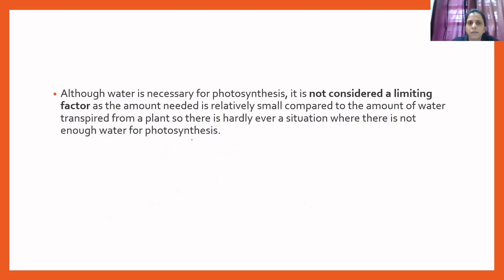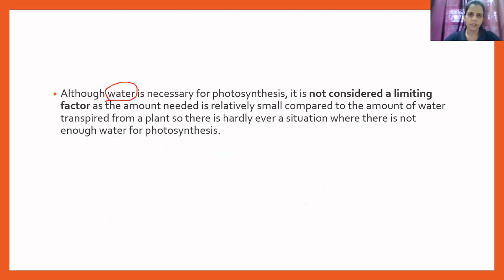Fine. There is another very important raw material required for the process of photosynthesis, and that is water. We are aware that water is a very necessary raw material required for photosynthesis, but still it is not considered a limiting factor.